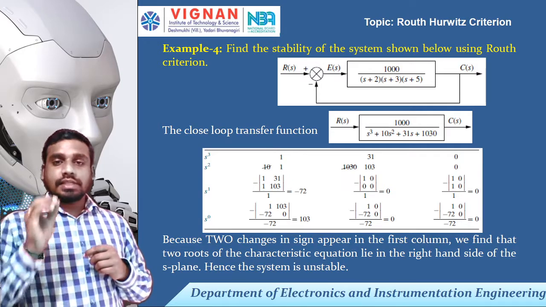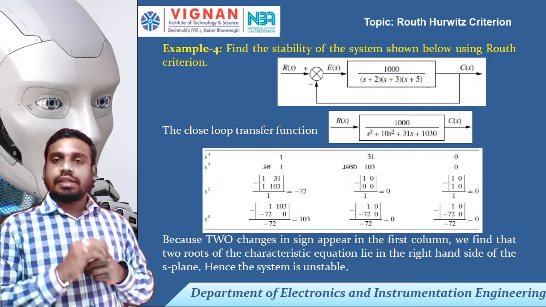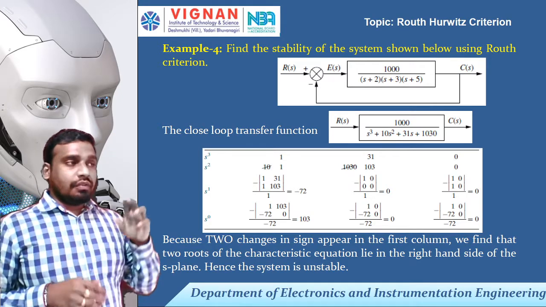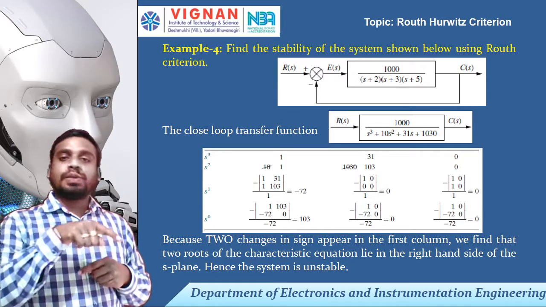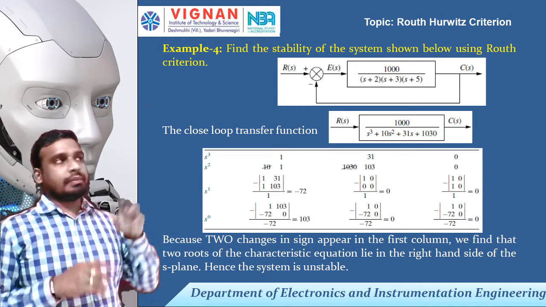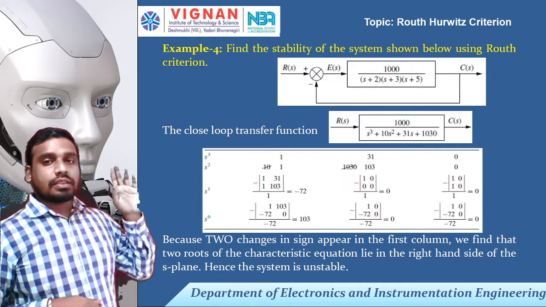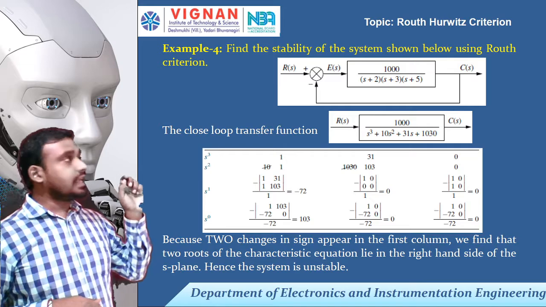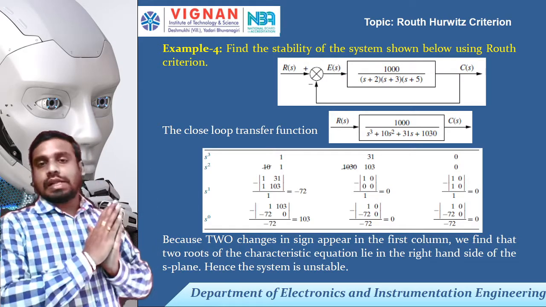That means you have to consider the feedback equation, that is G of s by 1 plus G of s, equal to 0. You have to write that and take the denominator of the closed loop equation, not the open loop equation. They may give the open loop transfer function. Here in the example, they gave 1000 divided by s plus 2 into s plus 3 into s plus 5. So that is the open loop transfer function.